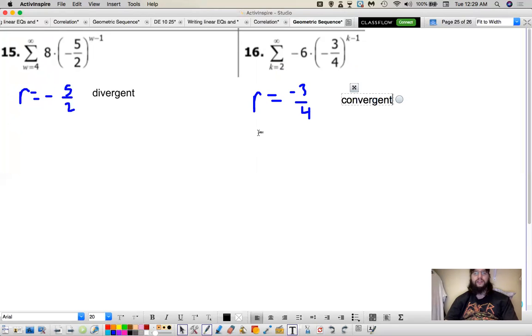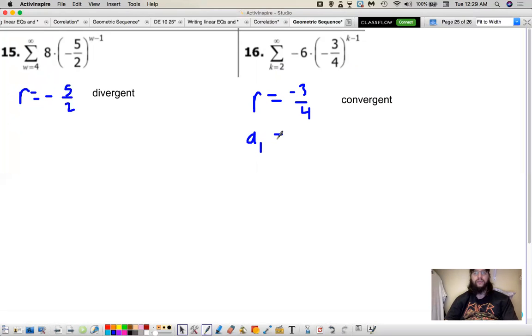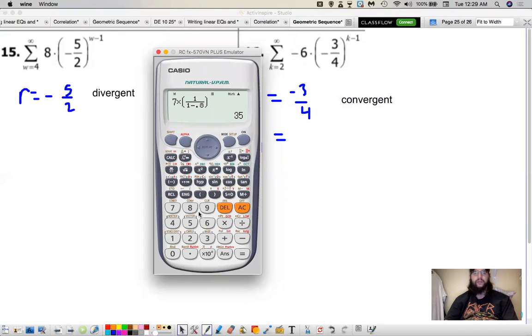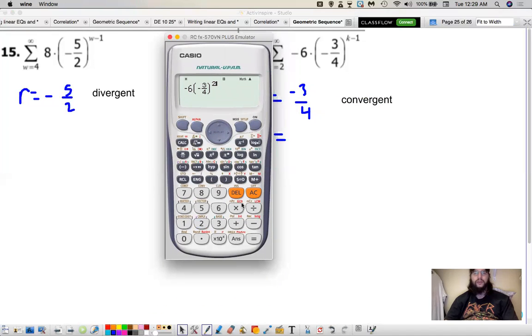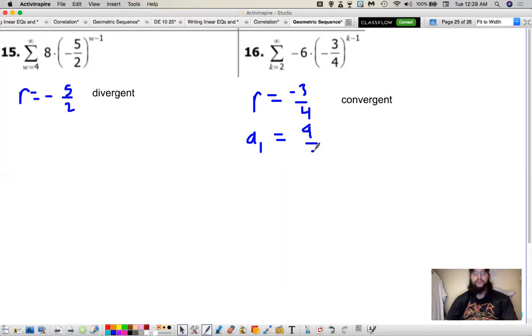Find out what A1 is. Let's just type it in. -6 times -3/4 to the, what power are we doing? 2 minus 1 is 1. So the formula: the sum is equal to A1 times 1 over 1 minus R, and R is -3/4.